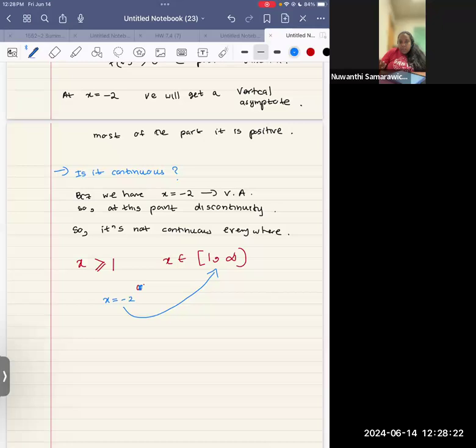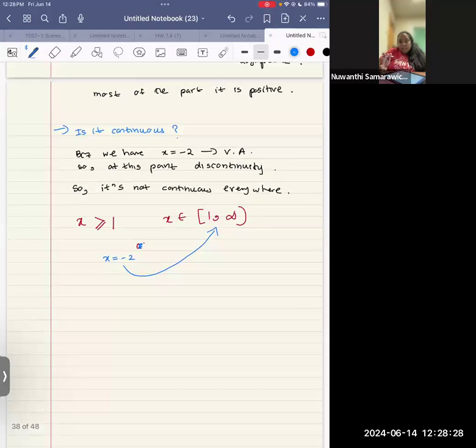Because -2 is not in this interval. So the discontinuity is only at this point, but we are taking all x greater than or equal to 1, so this doesn't matter for our question.